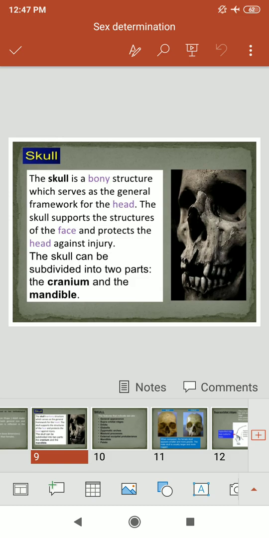The skull is important for the major organs of the eyes, ears and teeth. The skull can be subdivided into two parts, cranium and mandible, and it is one of the bone structures that forms the head in vertebrates. It supports the structure of the face and provides a protective cavity for the brain. In humans, these two parts are the neurocranium and the viscerocranium bones.